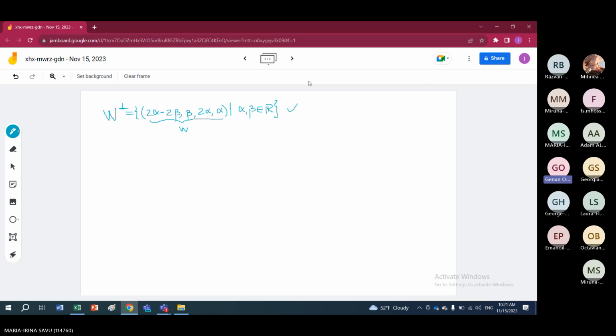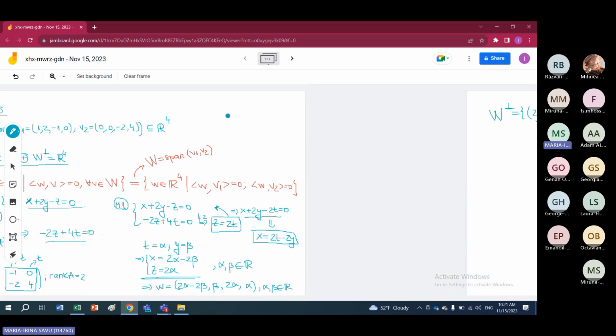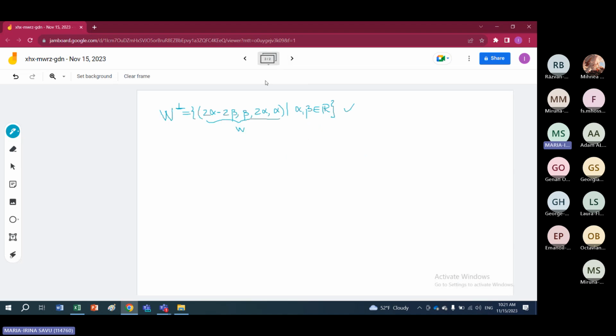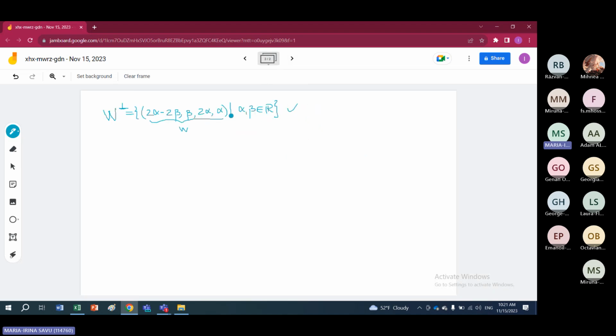So we can use any method to get to this form of W. Yes, but depending on the method you will have one expression or another. I mean that if you are using this method, you will have another expression for this vector. For example, you will have alpha or beta, 2 alpha plus beta, alpha minus beta, not necessarily this expression, but it doesn't matter.